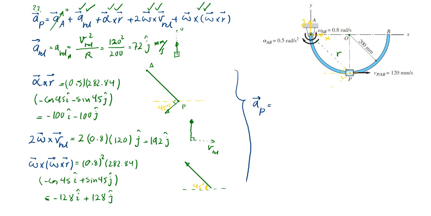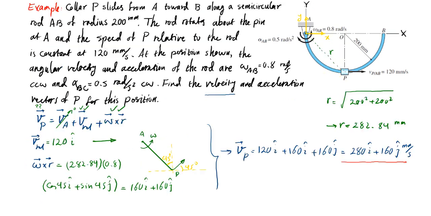If we sum them up, you get minus 228 in the i direction and plus 292 in the j direction, in millimeter per second squared, and that's the acceleration of point P. So we got the acceleration of point P and the velocity of point P, and that's what we were asked to find for this problem.